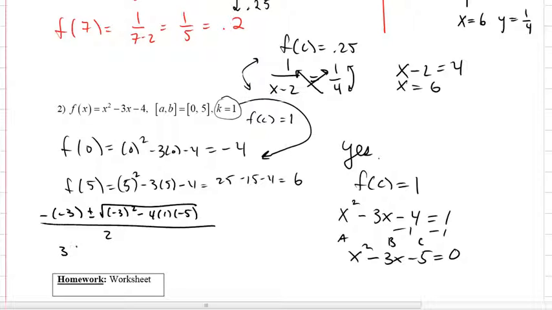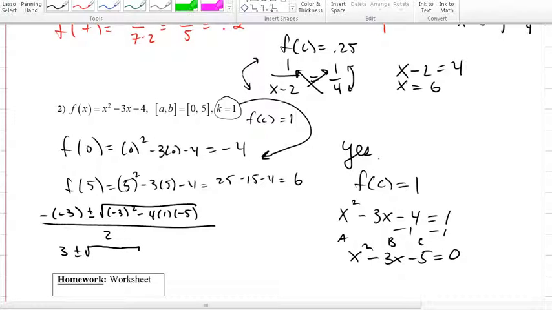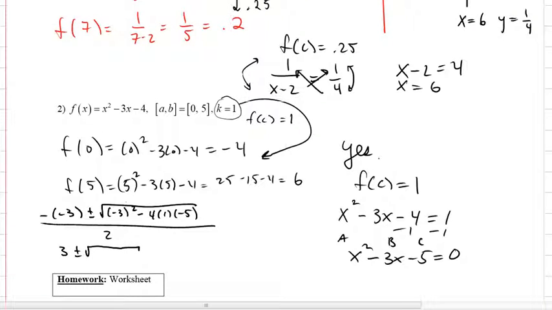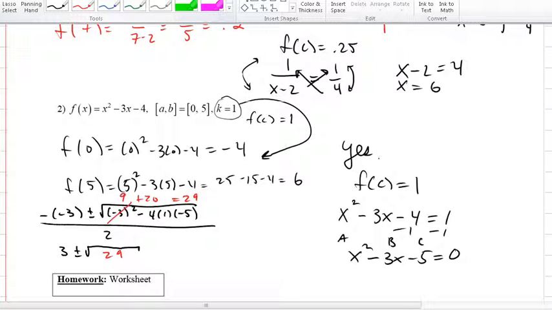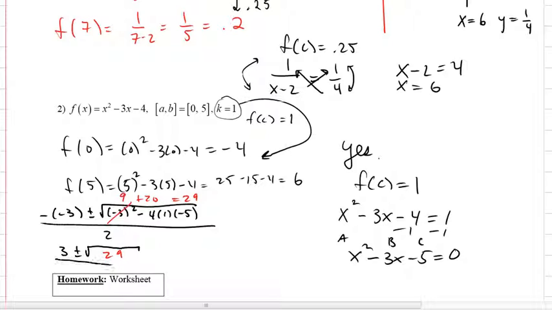So it's 3 plus or minus the square root of 9 plus 20. So that's really 29. 29 is not a perfect square, so we're going to leave it like that, all over 2, the square root of 29.